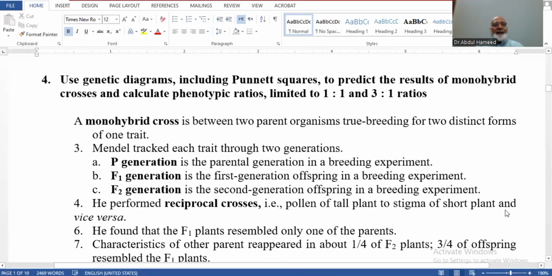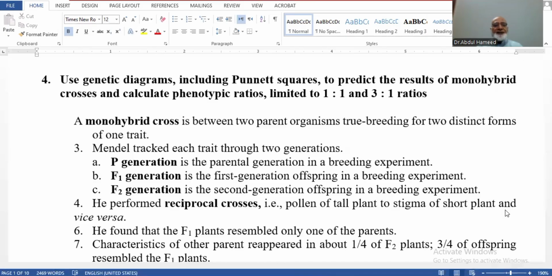Mendel tracked each trait through two generations. In this terminology, P generation is the parental generation. Most of the time, we start with pure breeding plants, so this generation is pure breeding. F1 generation is the first generation of offsprings in the breeding experiments, and it is always hybrid.